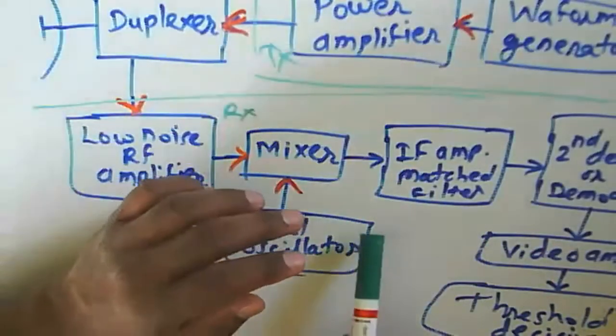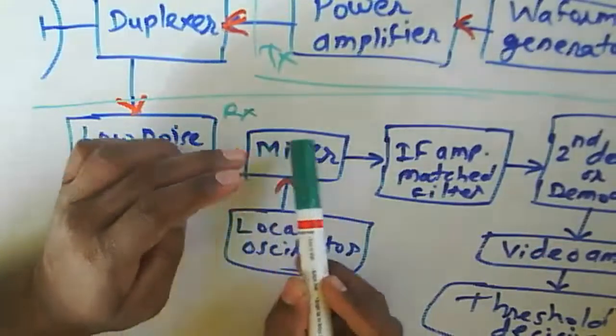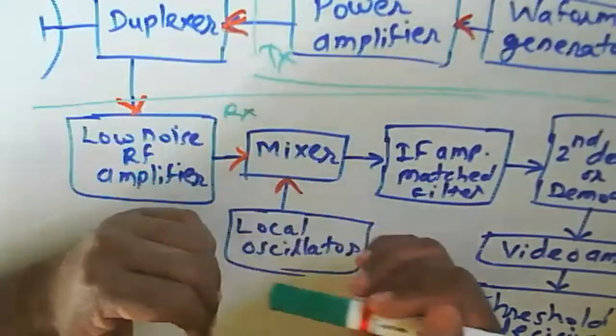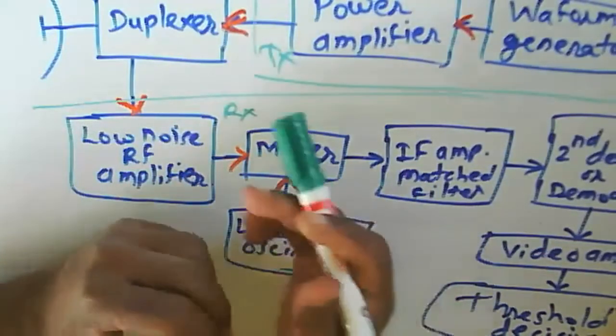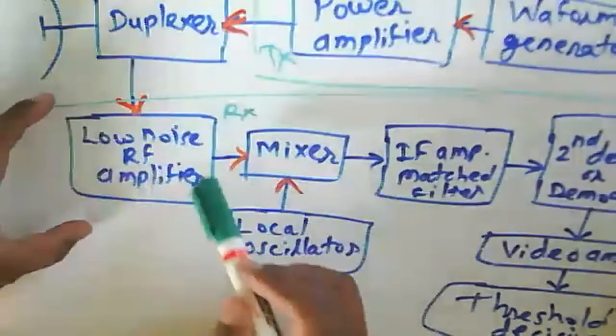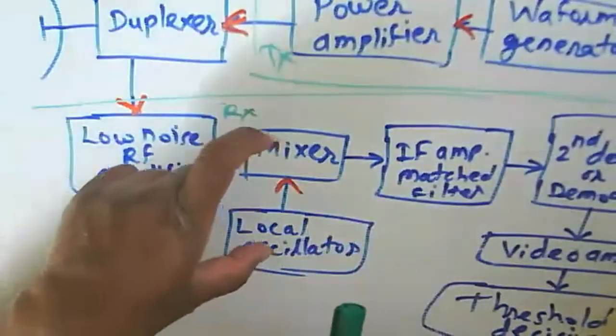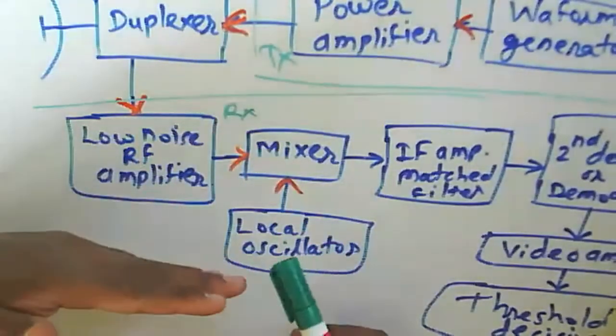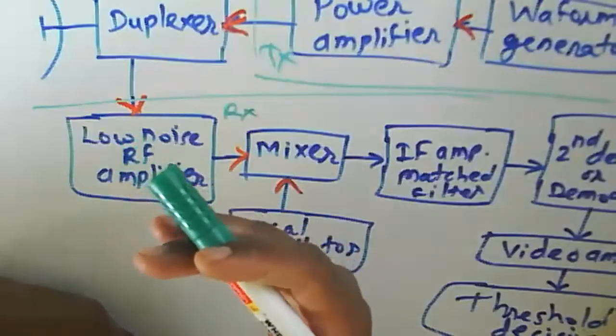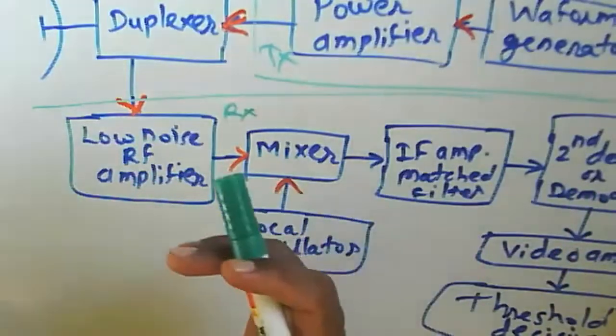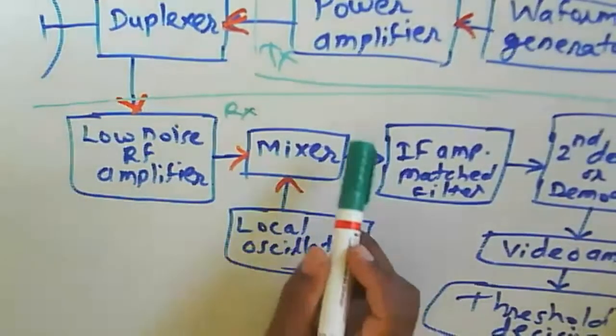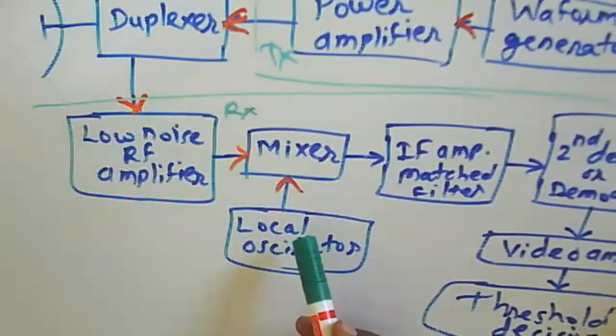Then the role of the local oscillator. Generally we expect that the RF signal is to be extracted from the echo signal. The echo signal consists of a carrier, and that carrier is to be extracted from this block.